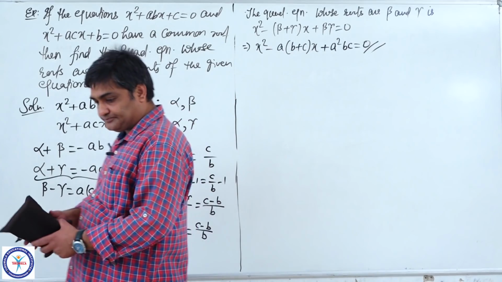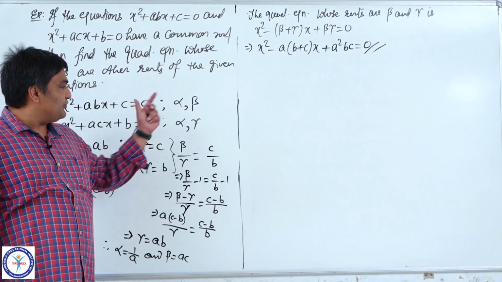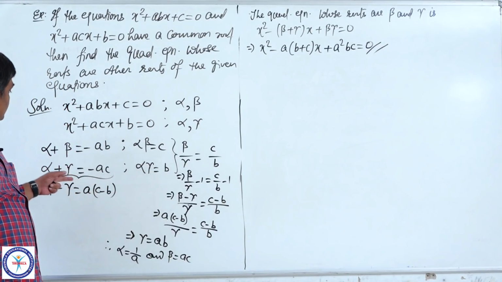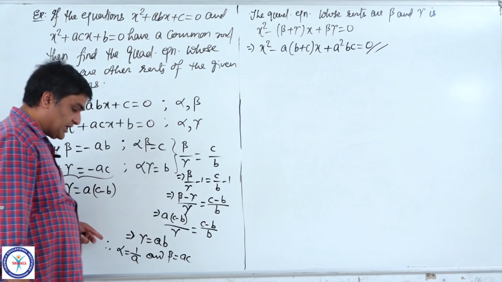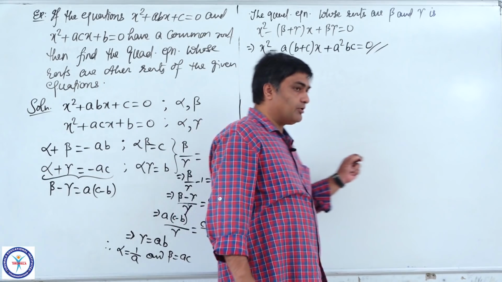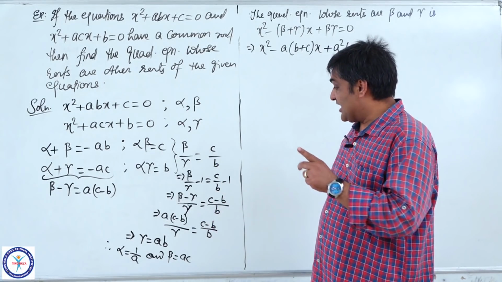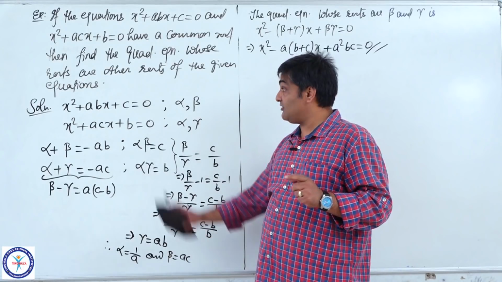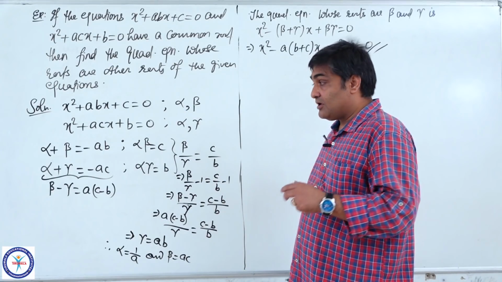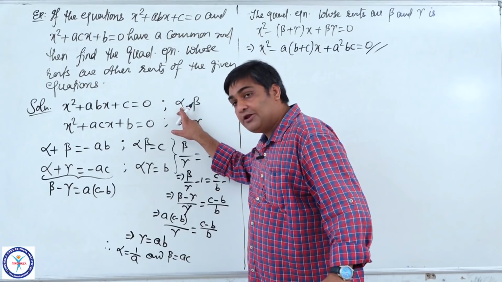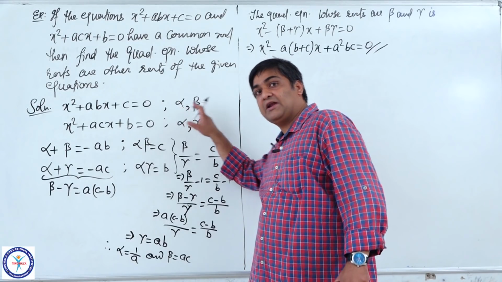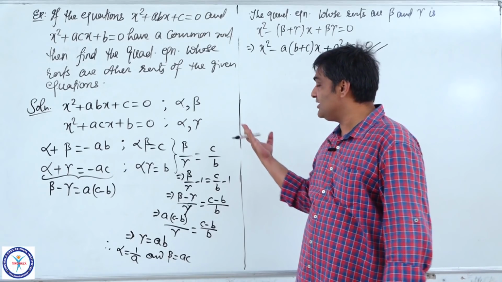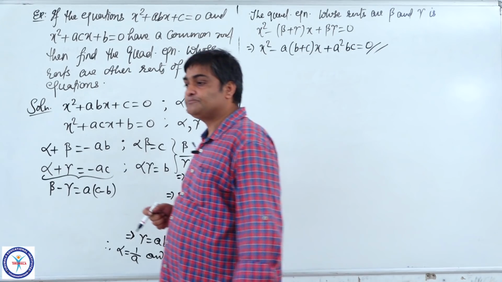Now, we can solve in another way also. Here, first get the value of alpha. Alpha is the common root. So, if we get the value of the common root, then the other roots we can automatically determine.